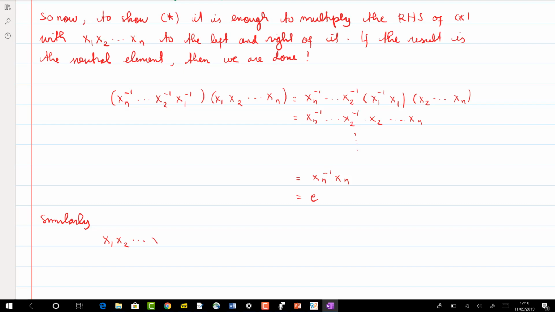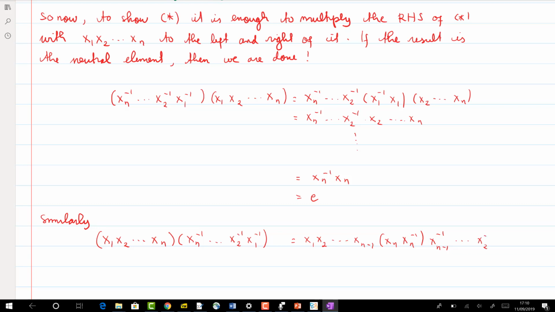And similarly, now we just need to check what is the result of the product of x1 up to xn when we multiply it with the proposed inverse, which is xn inverse up to x1 inverse. Similarly to the above, we can multiply the middle terms first, which is xn times xn inverse.